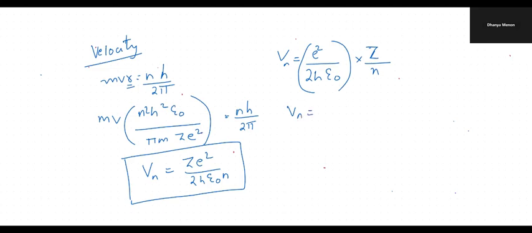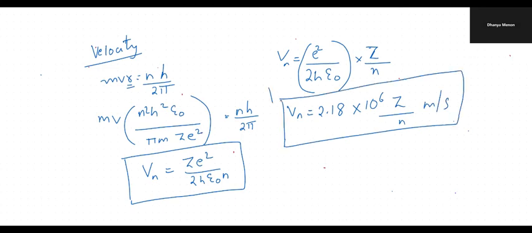It comes out to be, and this has to be remembered, 2.18 times 10 raised to 6 times Z by N meter per second, which is very important so that you can use it directly. Here Z is the atomic number, N is the shell number.